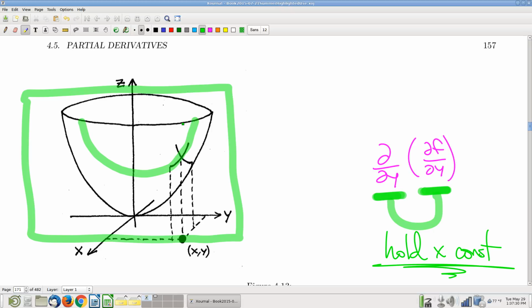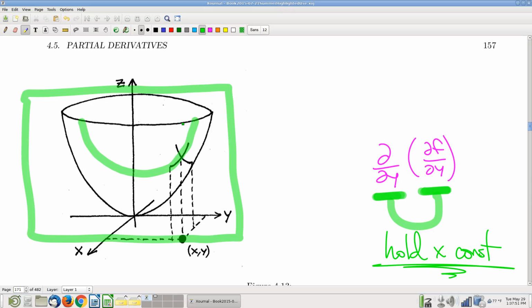Notice very conveniently for both of these derivatives, both cases I'm holding x constant. So this entire calculation happens in that plane where I'm viewing z as a function of y, and it's effectively a Calc 1 problem, and no surprise, it works out the exact same way.